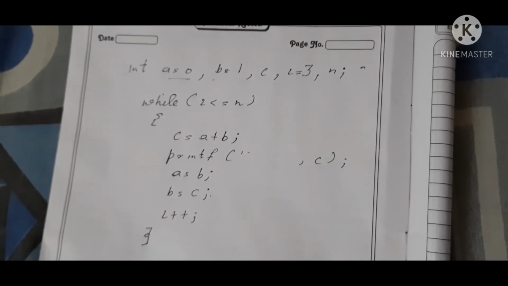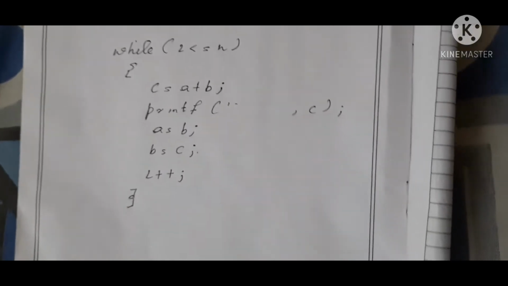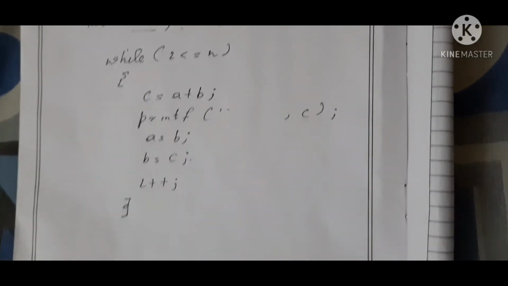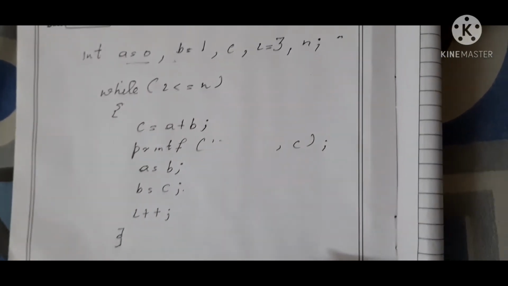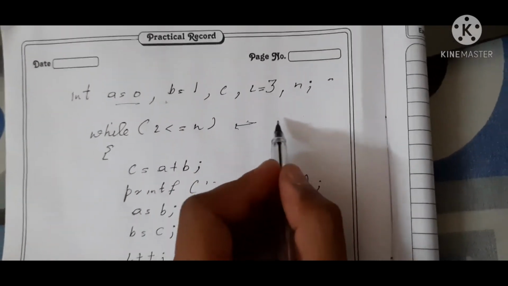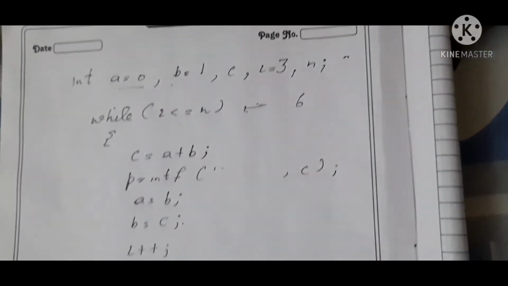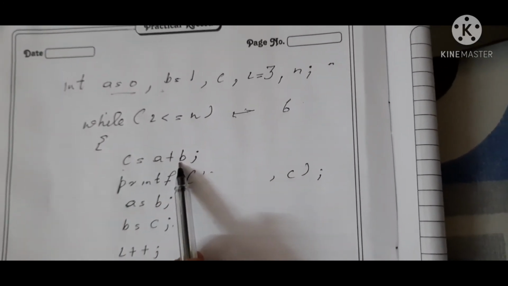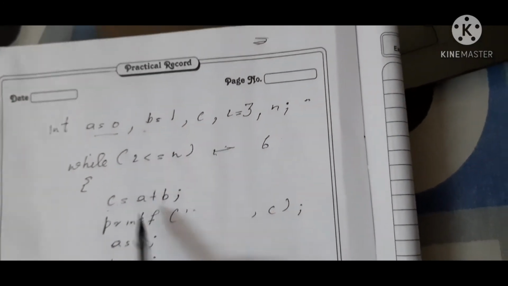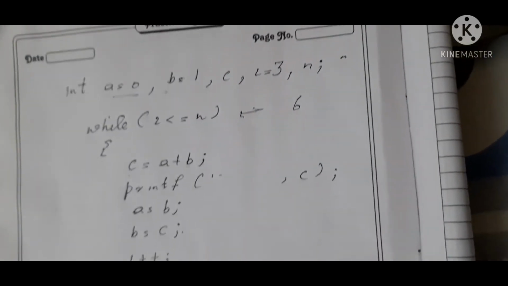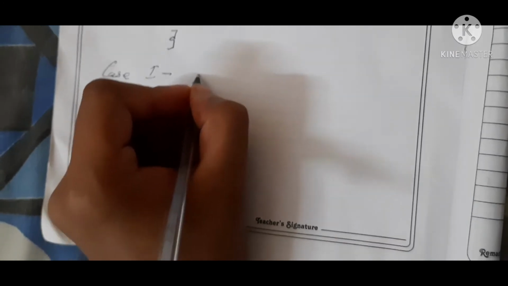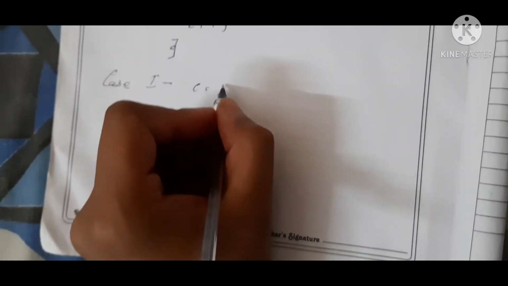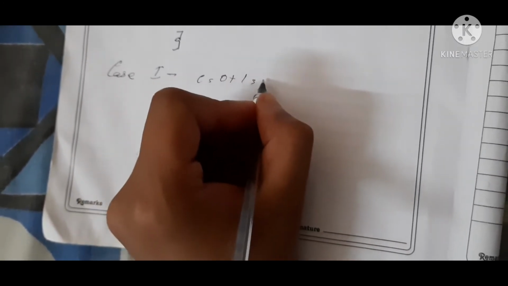So how does this loop work, let's have a look. Suppose I input the value n is equal to 6. So c is equal to a plus b. In case 1, the value of c is equal to 0 plus 1, which is equal to 1.